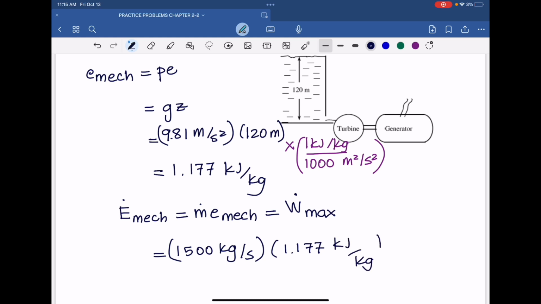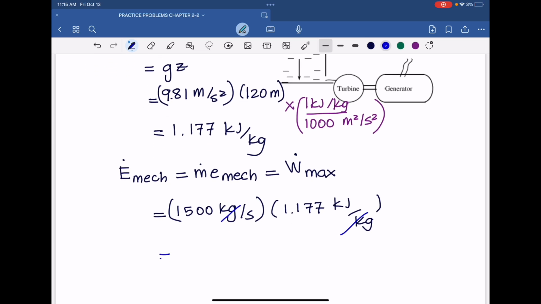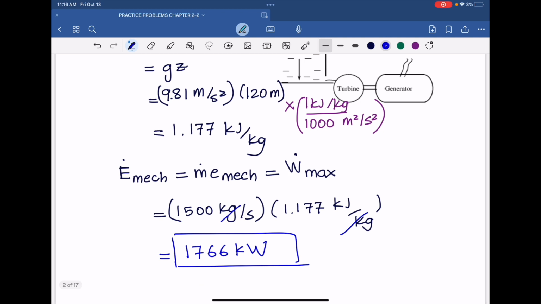I need to look at the units carefully, and kilojoule per second is the power unit I'm looking for, and this is 1766 kilowatts. So basically that water reservoir has the potential to generate 1766 kilowatts of power. That's what it means.